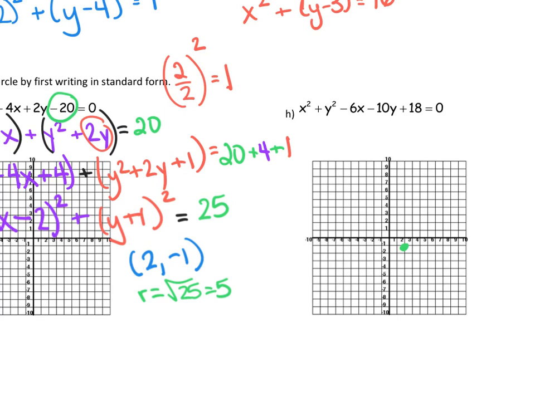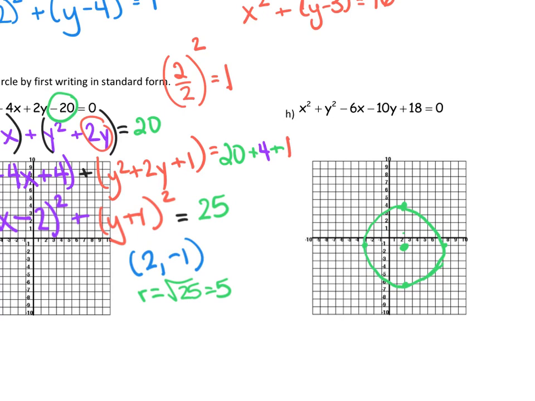So I'll go up by 5. I'll go down by 5. I'll go right by 5. And I'll go left by 5. And when I do that, I can close these dots off to the basic shape of a circle. And here's your circle.